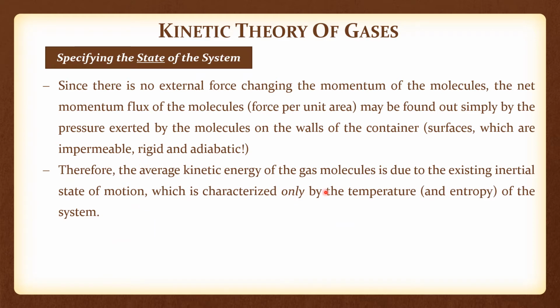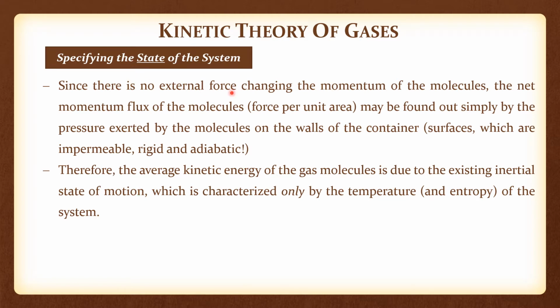Therefore, the average kinetic energy of the gas molecules is due to the existing inertial state of motion. Now, you look at Newton's law. What does it say? Newton's first law of motion. All bodies will continue to be in their state of rest or uniform motion, the existing inertial state, unless there is an external force that changes that particular inertial state.